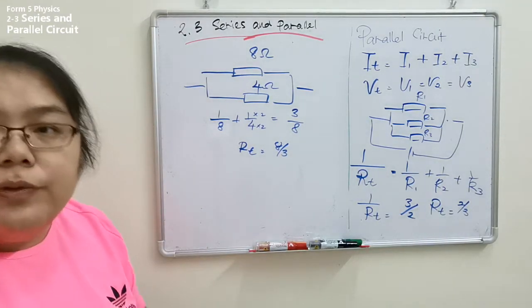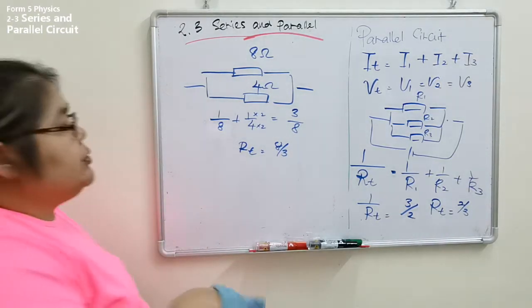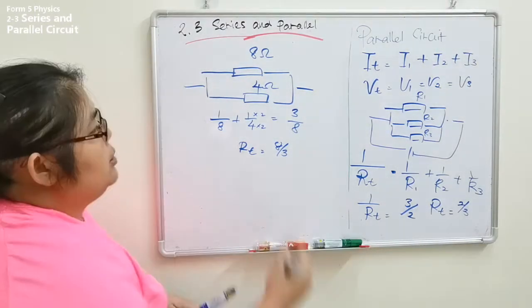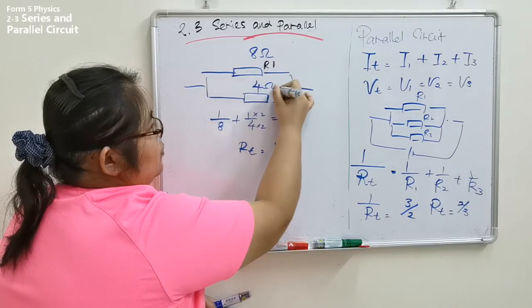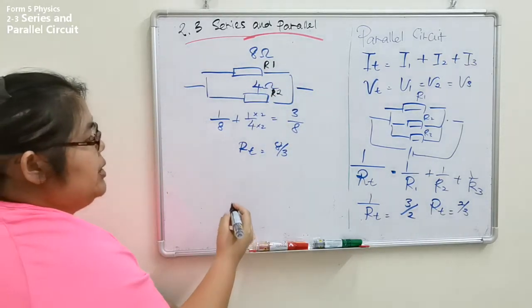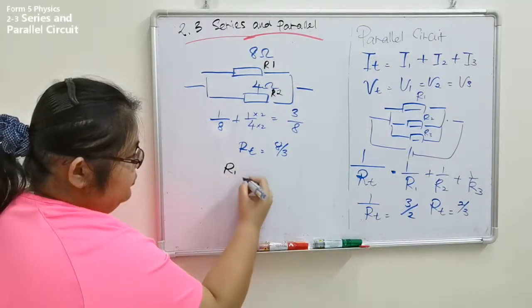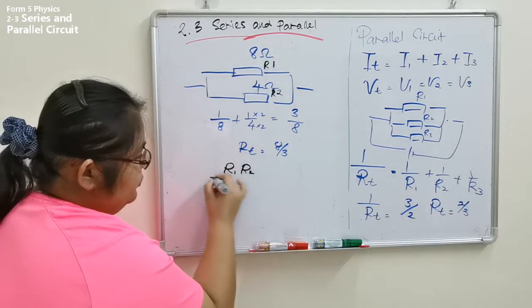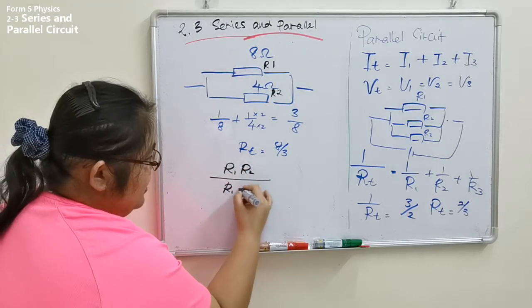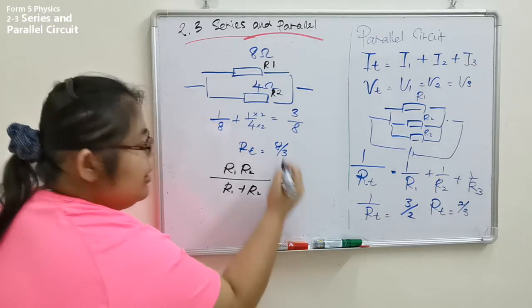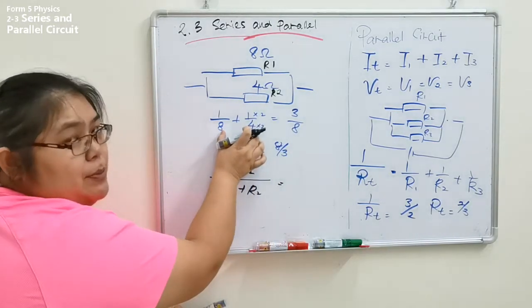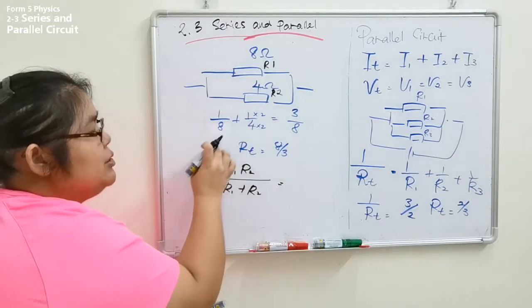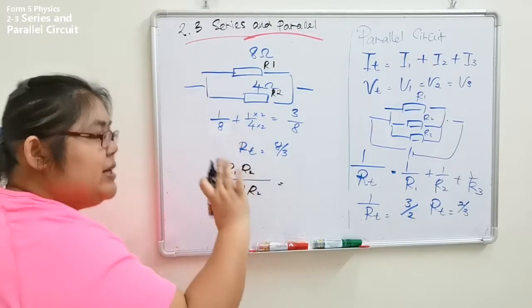Okay, if not, we can also use the short one. We straightforwardly do the calculation. Okay, we take this one as R1, this one as R2. So the formula is R1 R2 over R1 plus R2. Normally you make the bottom the same, so you multiply, and finally you flip it.